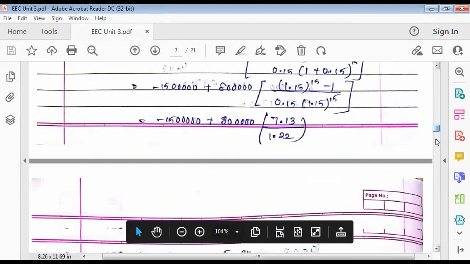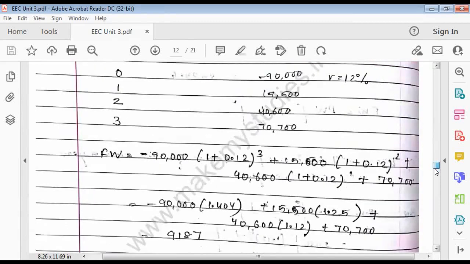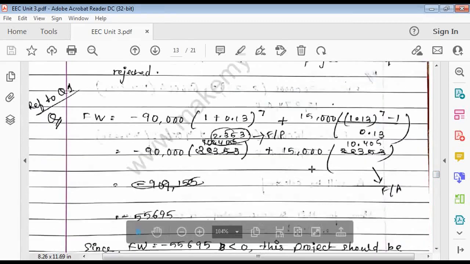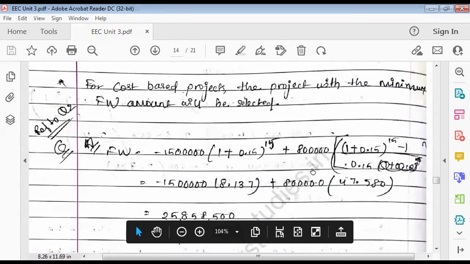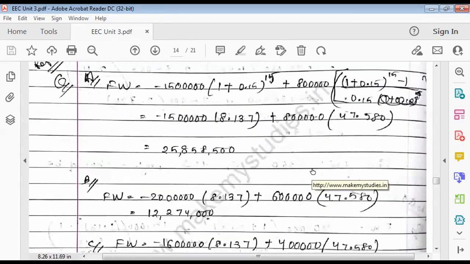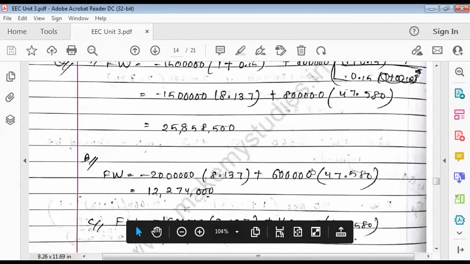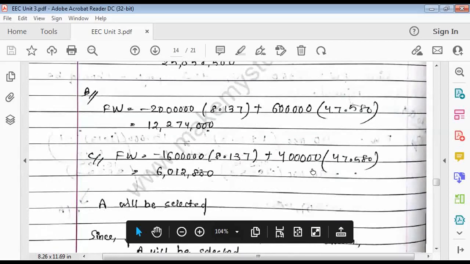So let me straight away go to that solution. 15, 20, and 16 lakhs were the initial investments. 8 lakh, 6 lakh, and 4 lakhs are the annual returns.